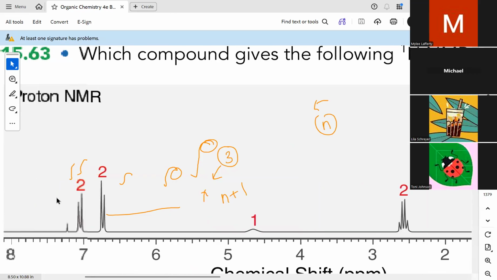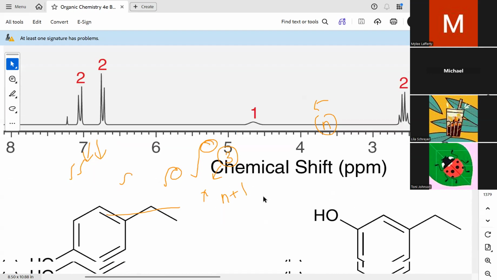And then we have 2 doublets here, so these would imply 1 neighbor each. All right, so that's just a quick review on neighboring protons. So again, you can look to the carbon next door for a neighbor.